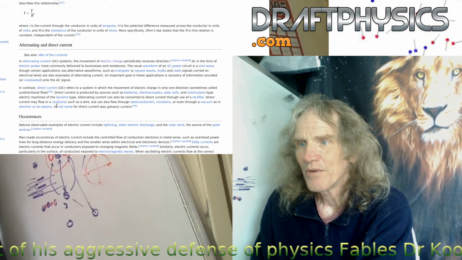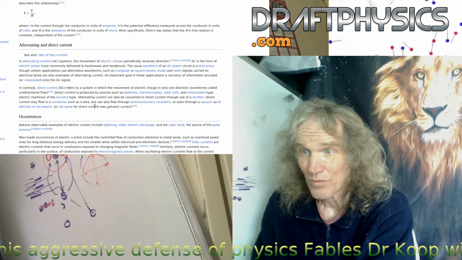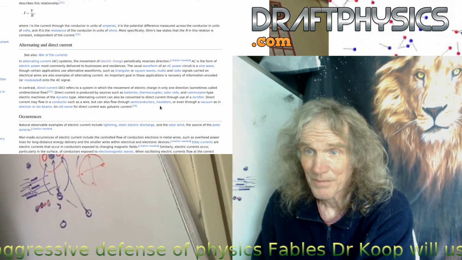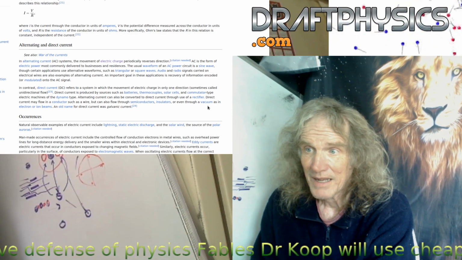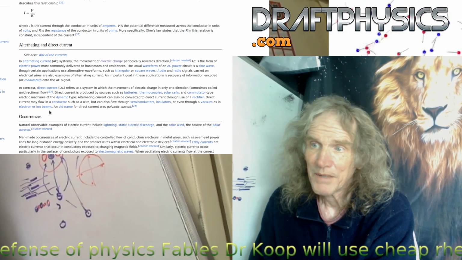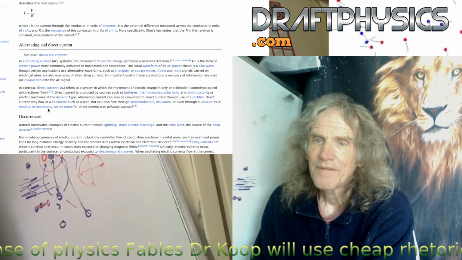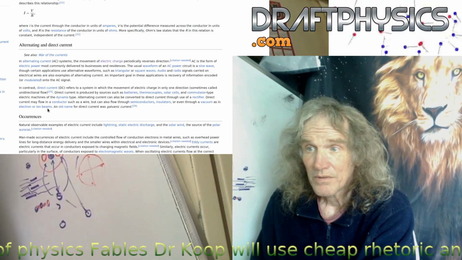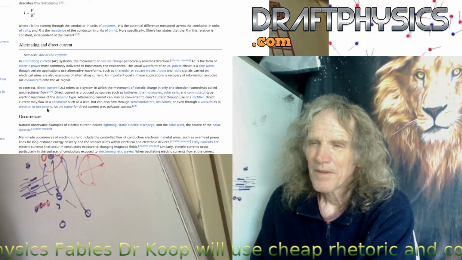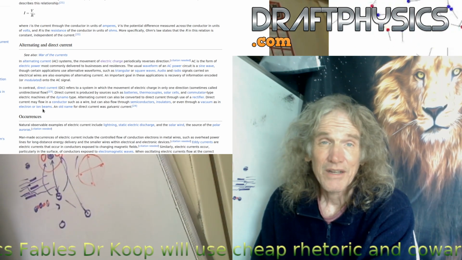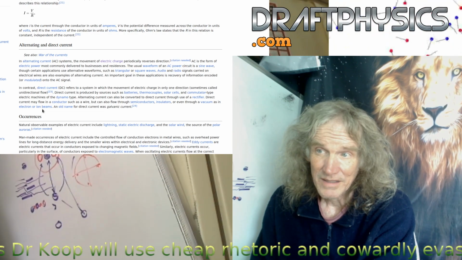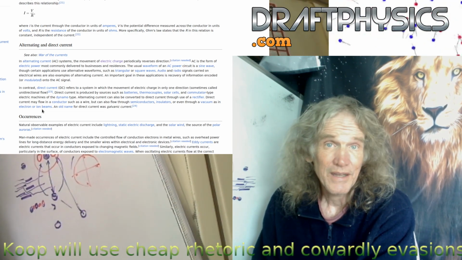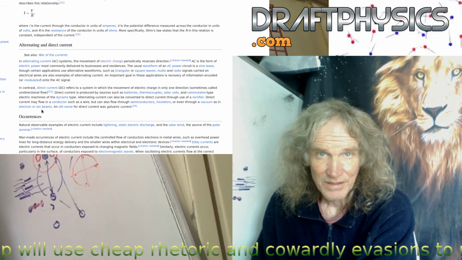Direct current may flow in a conductor such as a wire, but can also flow through semiconductors, insulators, or even through a vacuum, as in electron or ion beams. Obviously that flow is without a conductor, and the point is that it is encountering resistance.